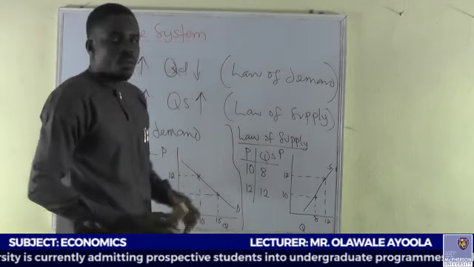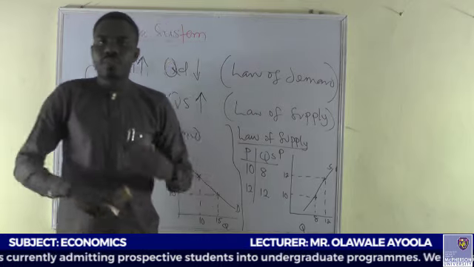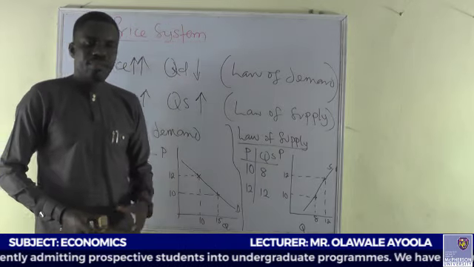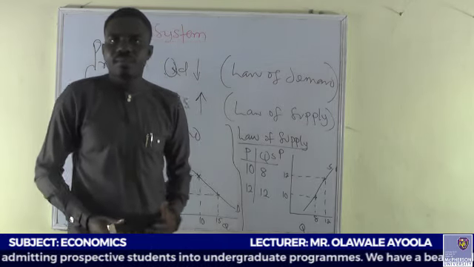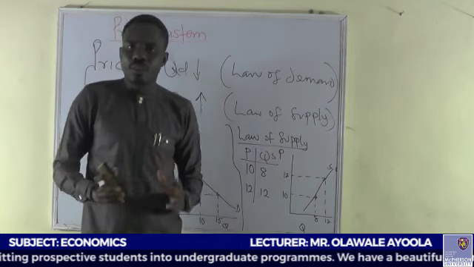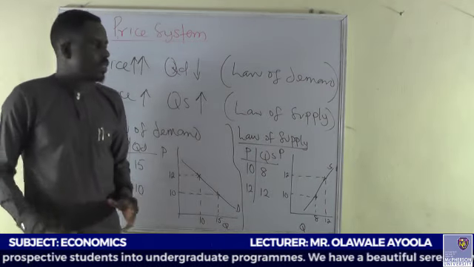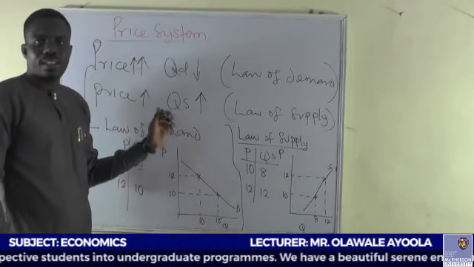Therefore, we can look into some of the questions in UTME, GCE and WAEC, and see the pattern and nature of questions relating to the law of demand and supply.